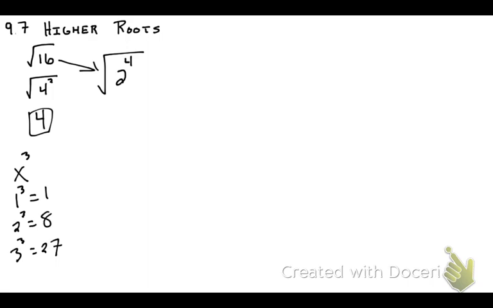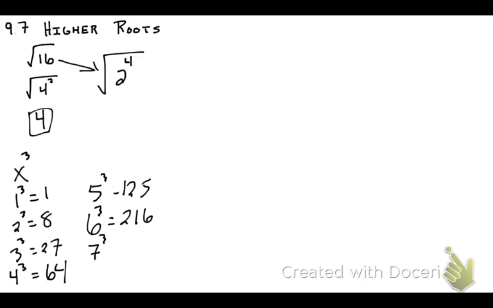It's worth being aware of all of the perfect cubes. 4 cubed is 64. 5 cubed is 125. 6 cubed is 216. 7 cubed, what is that? It's 49 times 7. So 343.